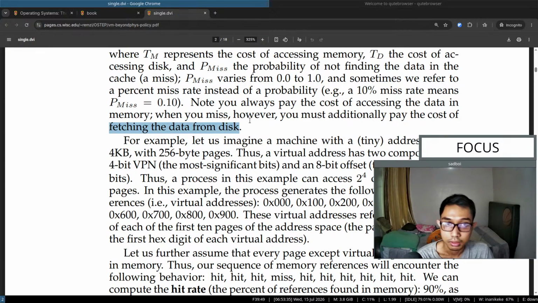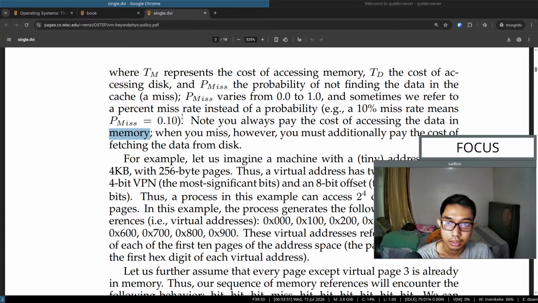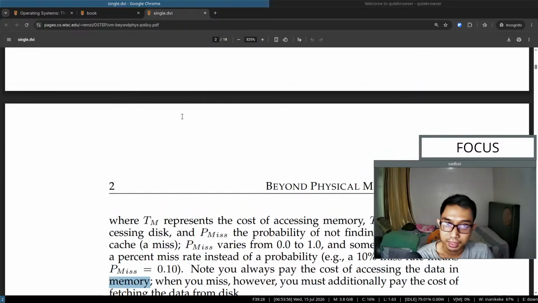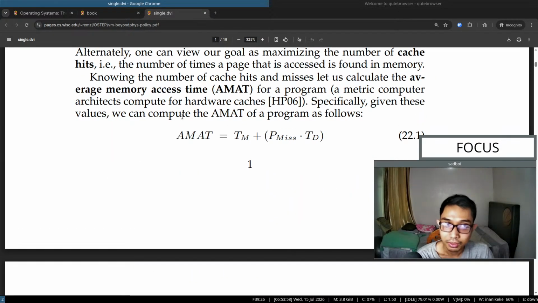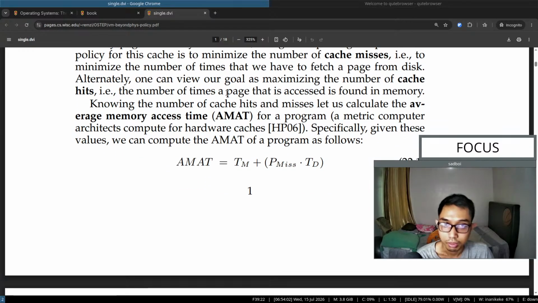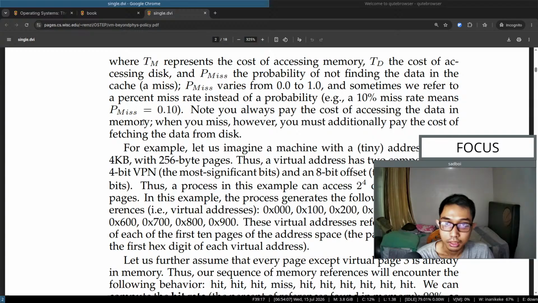So whether we miss or hit, we are always accessing the data in the memory, like checking whether the page, maybe let's call that, whether the page is in the memory or not.